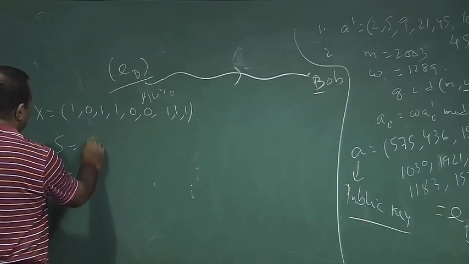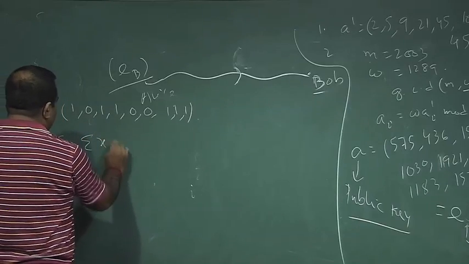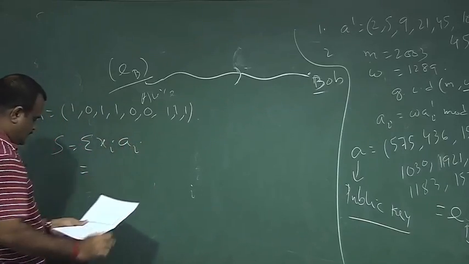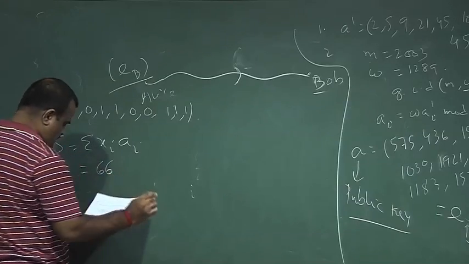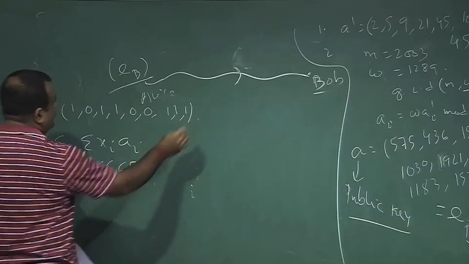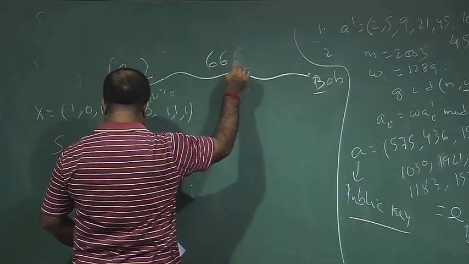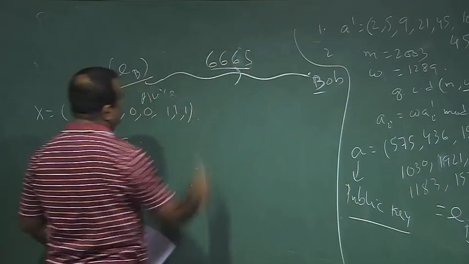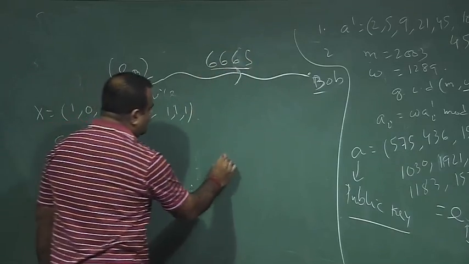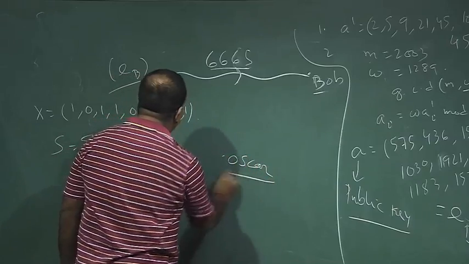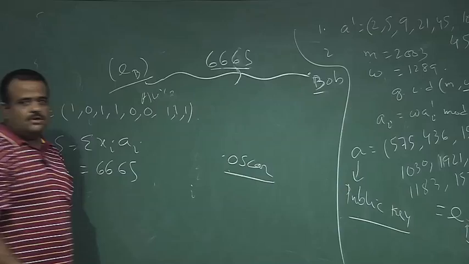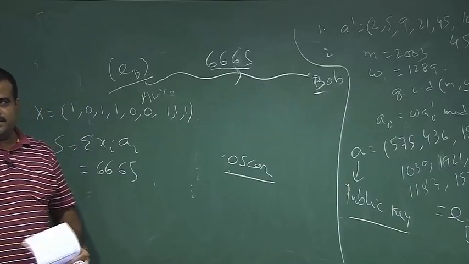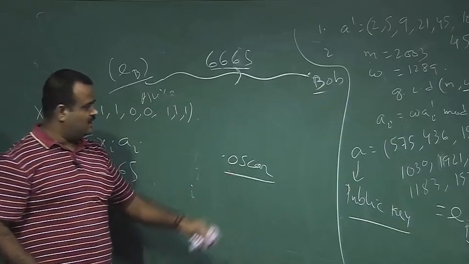So Alice will compute the summation of xi ai, and this is basically 6665. This is the ciphertext Alice is sending to Bob. Now Oscar is knowing this sum, which is not super increasing, so for Oscar it is a hard problem, because the subset sum problem is hard in general.